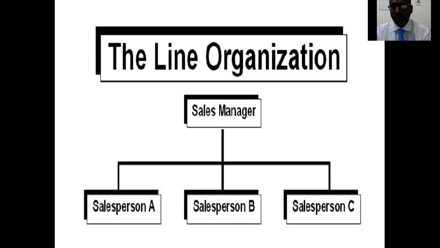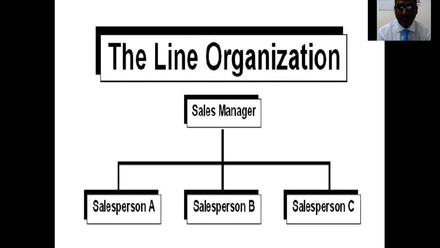So now we see here the line organization. This is a classic example. If you understand this organizational structure, you will get a very clear idea about organization.